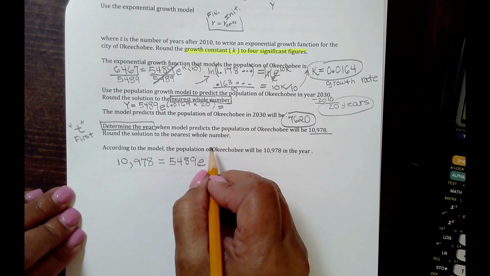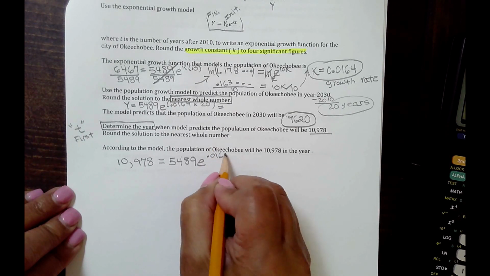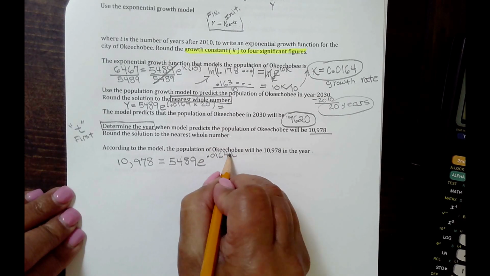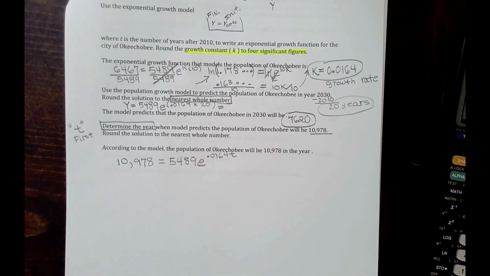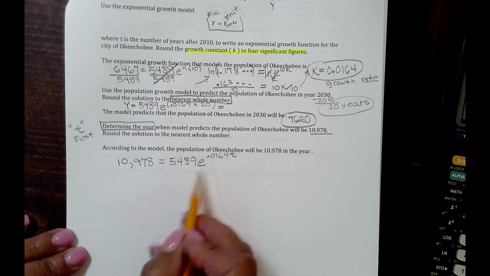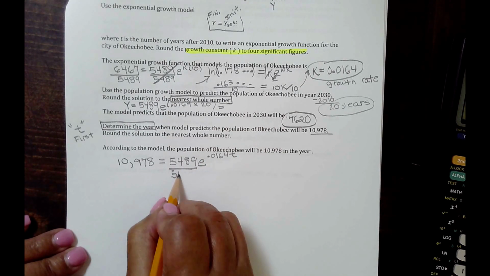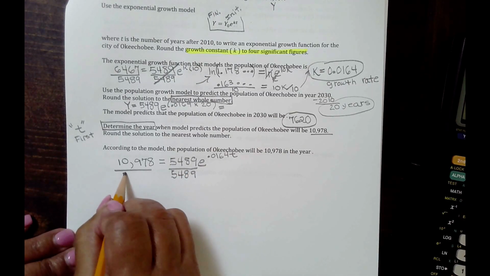So it's 0.0164, and we are solving for t. So we don't have anything to plug in for t if that's what we're solving for. Again, I'm going to go at this problem by isolating this e term. In other words, get rid of this multiplier in front of e so that I can go in and take the natural log of both sides.